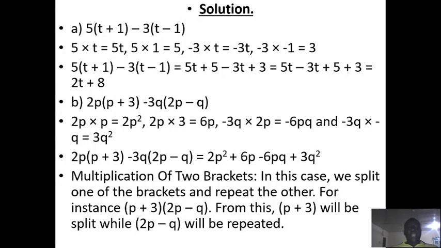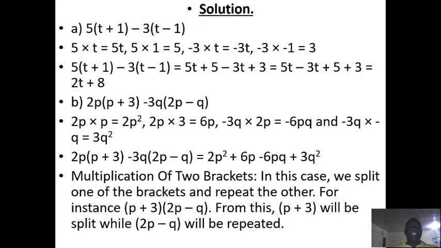So now let us look at also b. When you multiply each of them, you have 2p times p will give us 2p squared, and 2p times 3 will give us 6p. Minus 3q times 2p will give us minus 6pq.